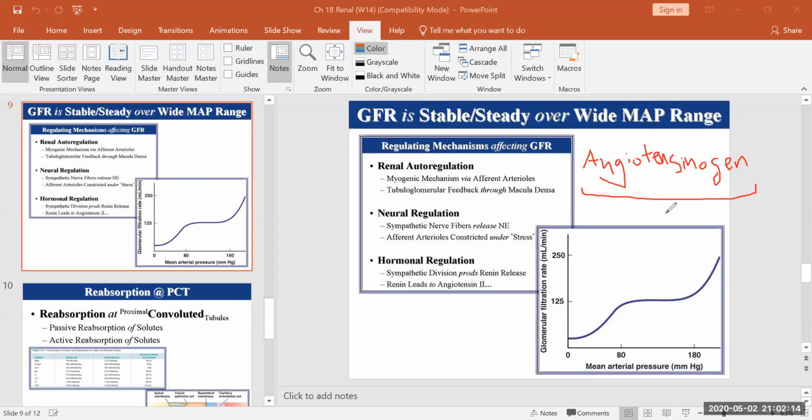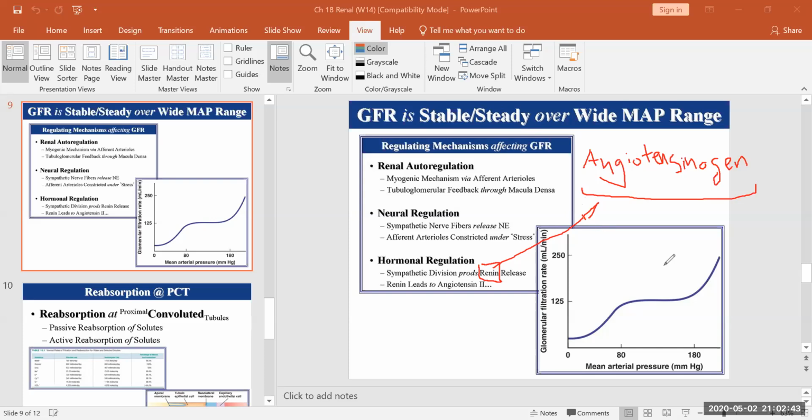It is produced by the liver and then released into the bloodstream, so it's floating in the bloodstream. These plasma proteins, a glycoprotein called angiotensinogen. And when the sympathetic division induces the kidney to release renin, renin will basically cleave the angiotensinogen, will cut.